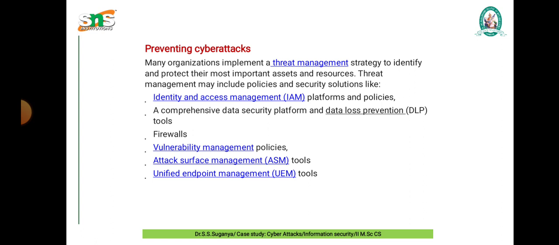Threat management may include many different policies and security solutions like IAM, that is identity and access management platforms and policies, a comprehensive data security platform, and DLP, which stands for data loss prevention, a tool. Next are a firewall, vulnerability management policies, ASM, that is attack surface management tools, and UEM, that is unified endpoint management tools.